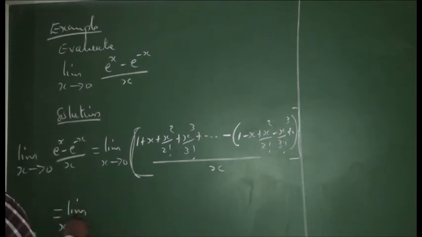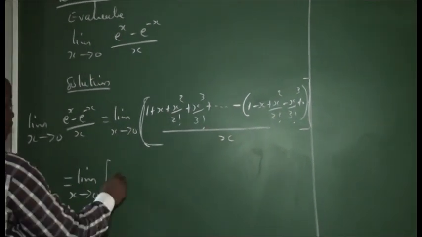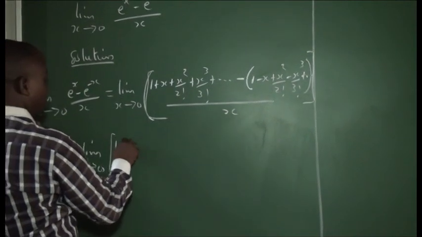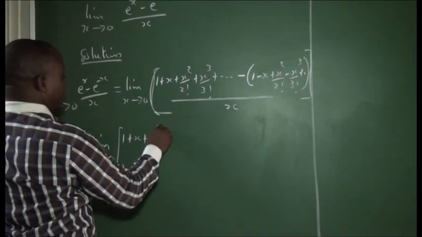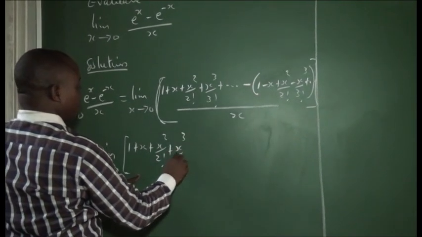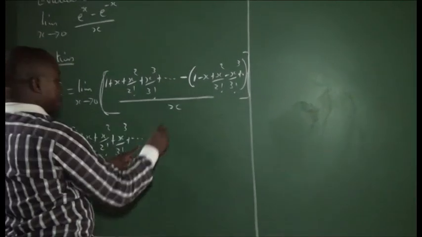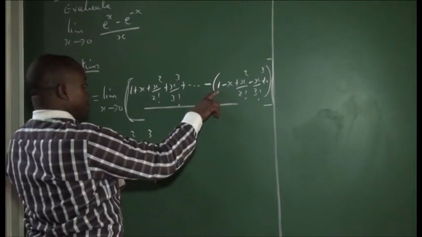the limiting value as x approaches 0 of 1 plus x plus x squared over 2 factorial plus x cubed over 3 factorial plus, then this minus can open here.